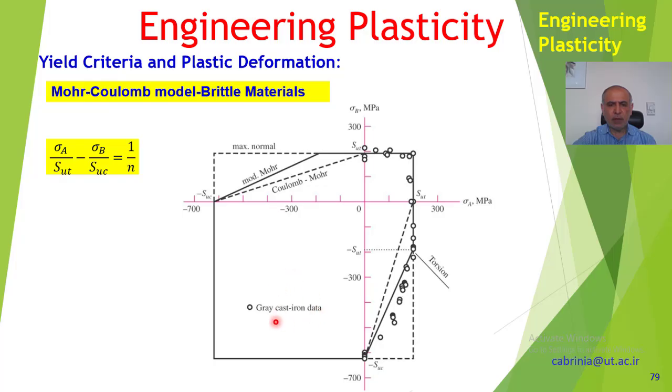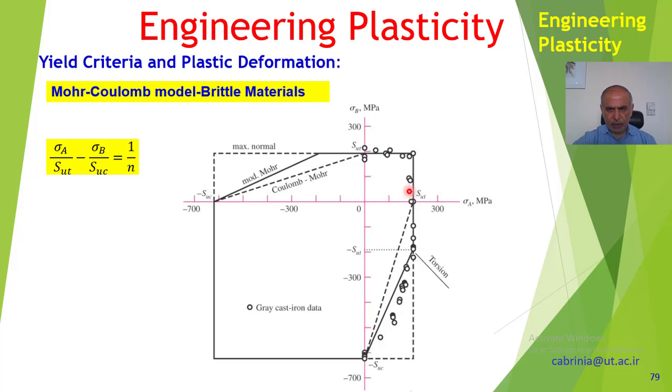The data is for gray cast iron. We have here the maximum normal stress criterion, and this is the modified Mohr criterion, and this is the Coulomb-Mohr criterion, or DCM. We call this DCM, we call this MM, and that's the normal stress criterion.